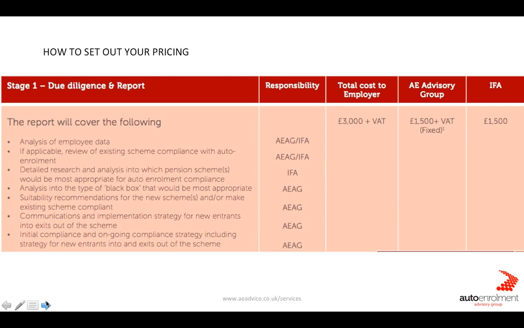Now, if you decided to work in partnership with us, we'd charge you £1,500. That means you'd get £1,500, and we'd get £1,500, and you charge the employer £3,000. But as you can see, a lot of the responsibilities for building the report are down to us, and what you'll have is access to a really good quality report.